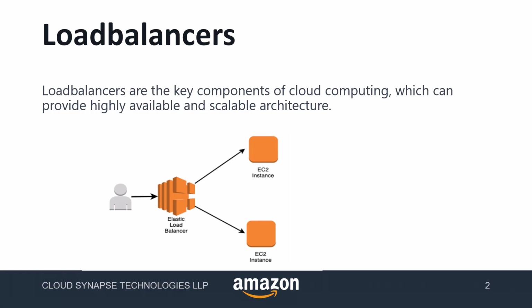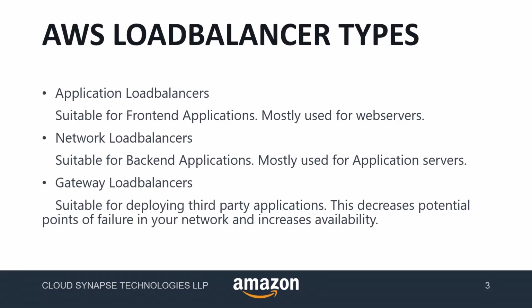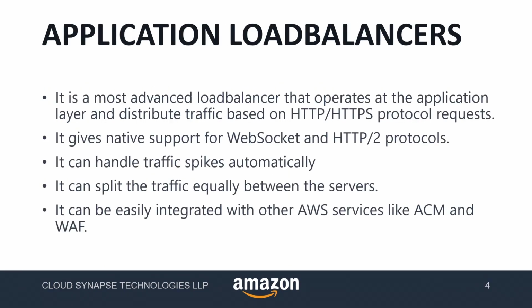Likewise, it will keep checking the EC2 instances and trigger auto scaling, whether we need to increase or decrease the instances. Those can be done through load balancers only. So without wasting time, let me start with application load balancer.